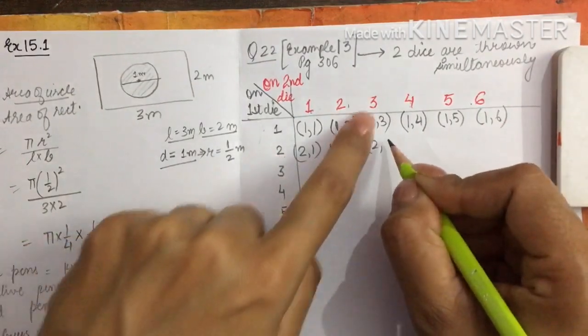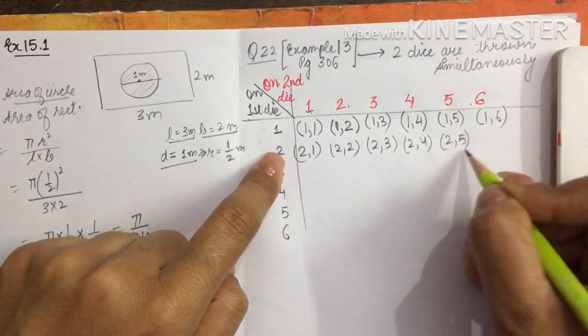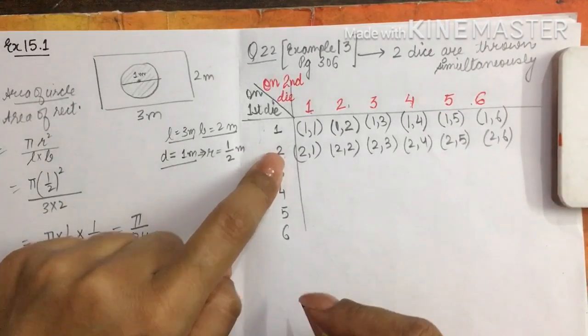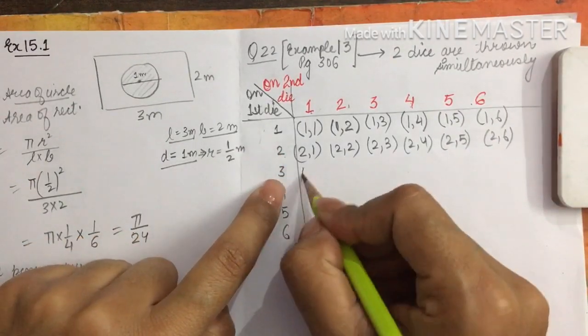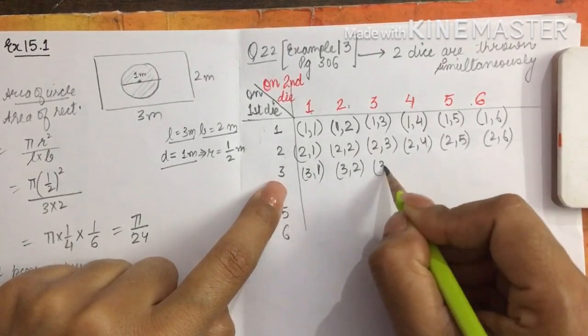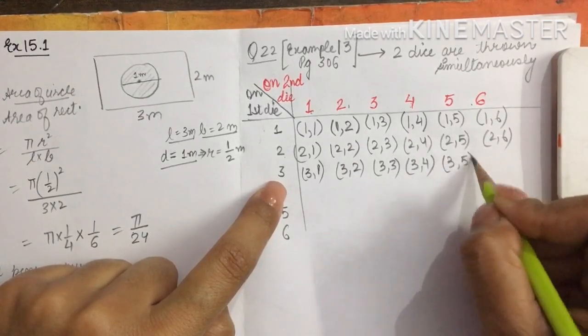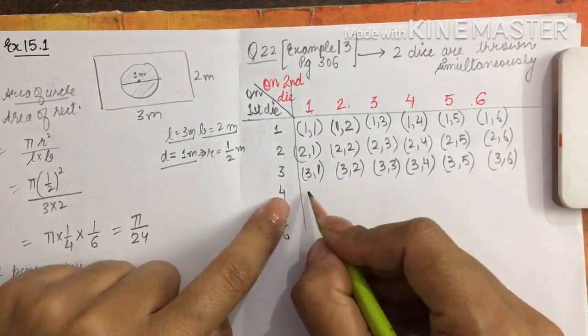So this is 2 with 3, then 2 with 4, 2 with 5, 2 with 6, making combinations with third number: 3 and 1, 3, 2, 3, 3, 3, 4, 3, 5, 3, 6.